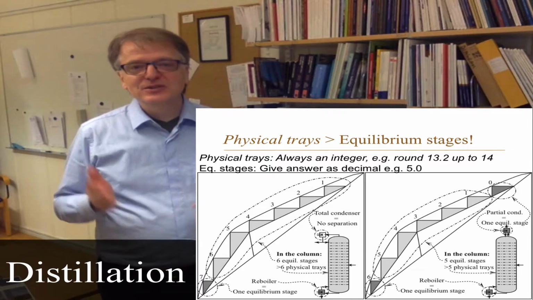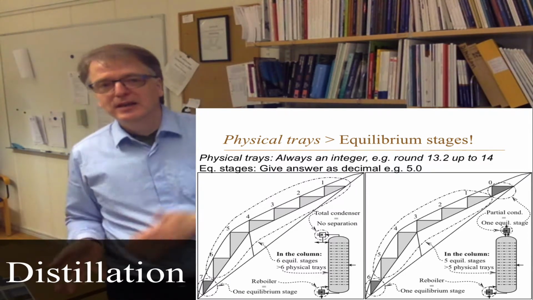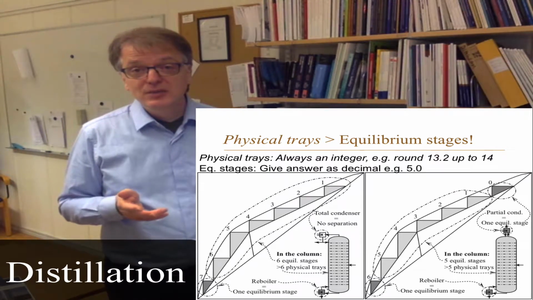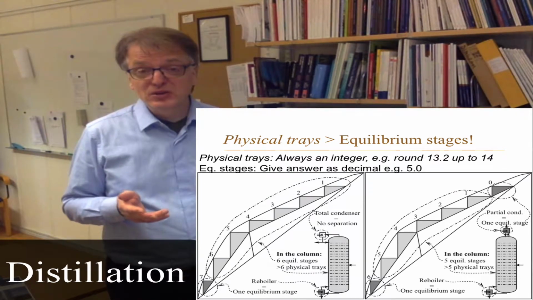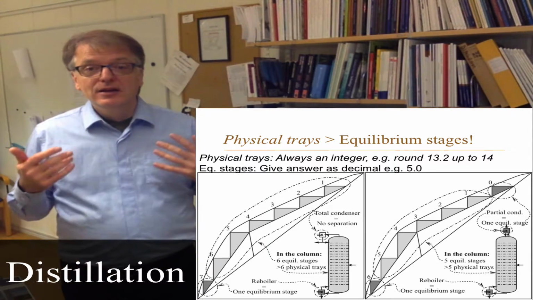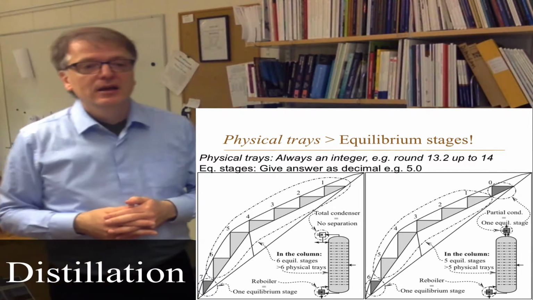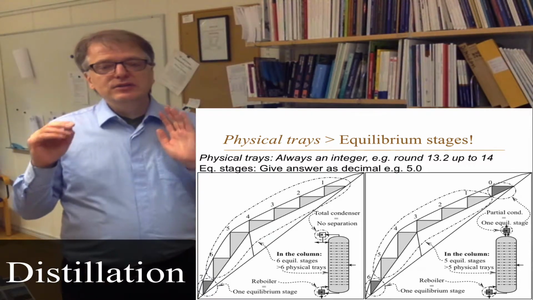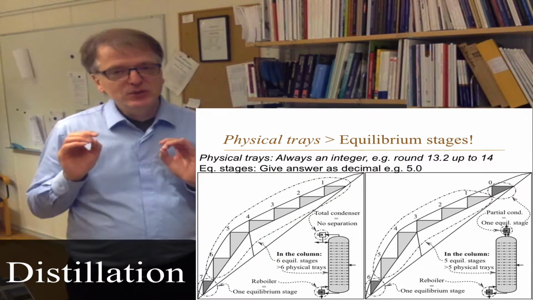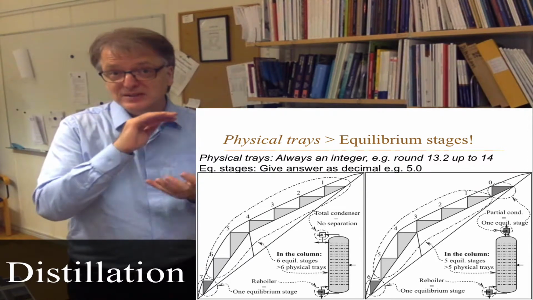With physical trays, you need to round up to the nearest integer, so 13.2 rounds up to 14, because you can't have 13.2 physical trays, just the same as you can't have 0.2 shirts. Doesn't work.